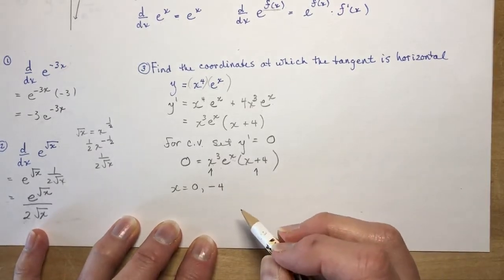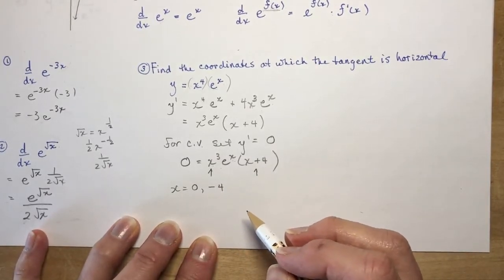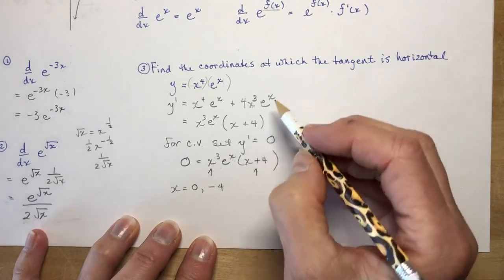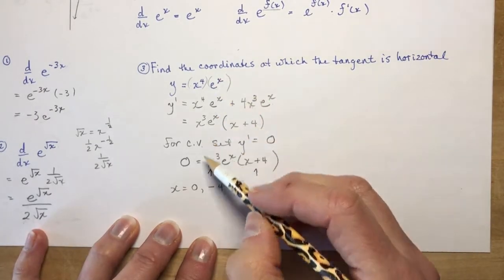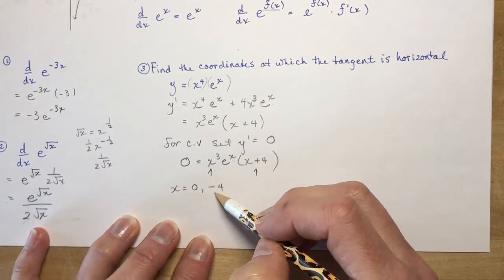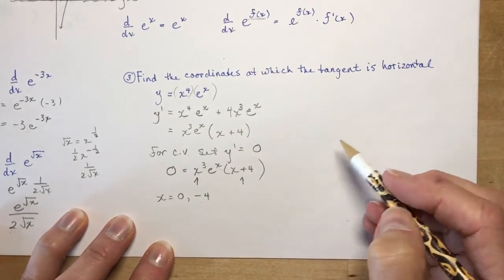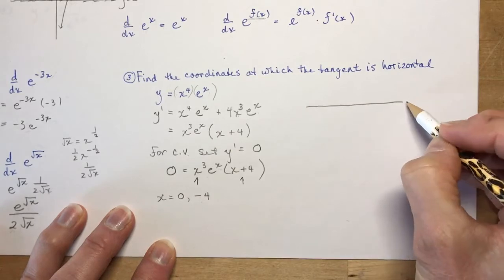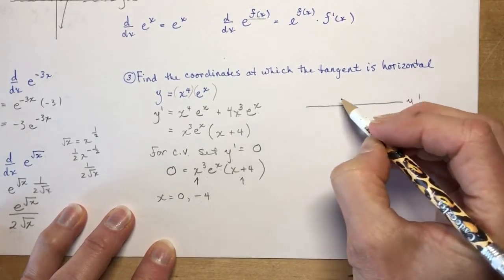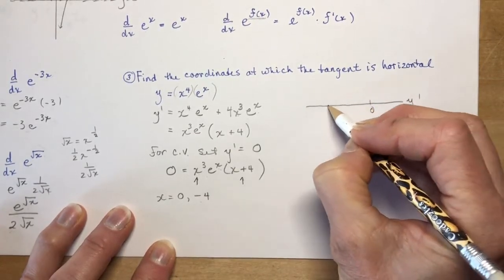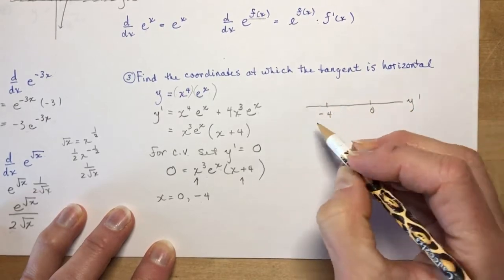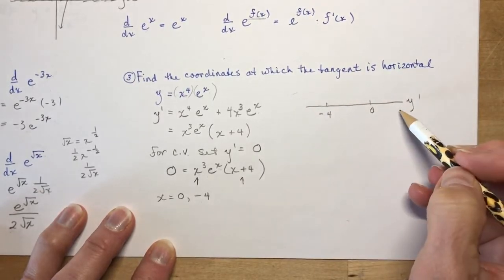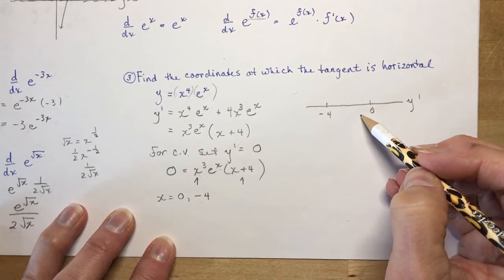So if I have 0 and minus 4, and I want to know if they were minimums or maximums, and that would be if you've already taken curve sketching, I would write out my first derivative number line and plug in 0 and minus 4 and check to see if the slope was positive or negative on either sides of these.